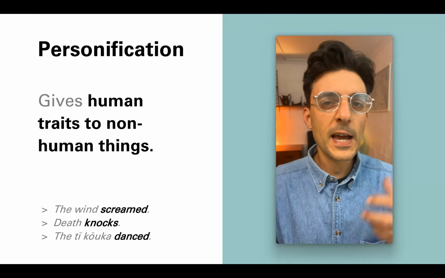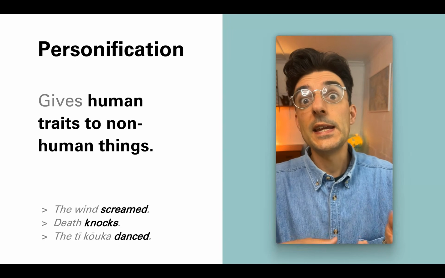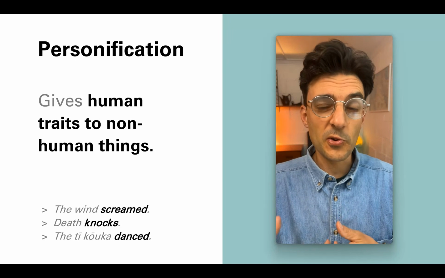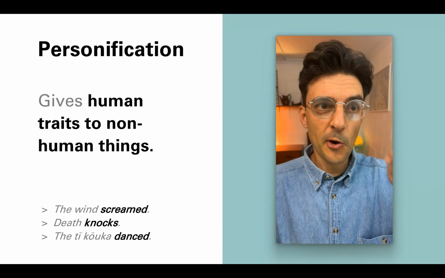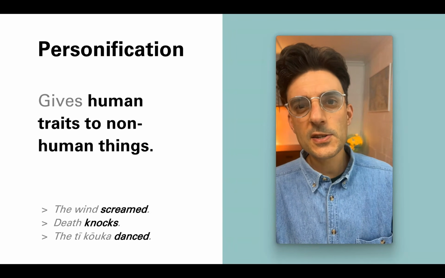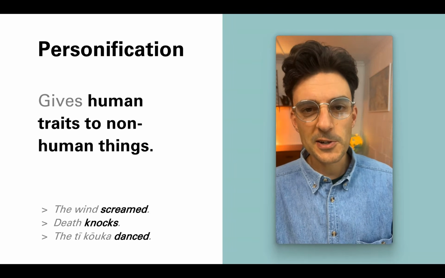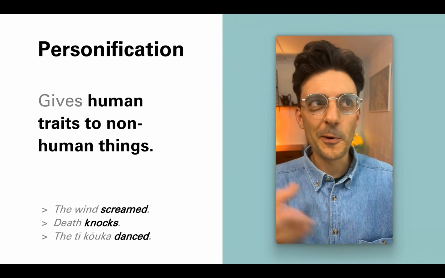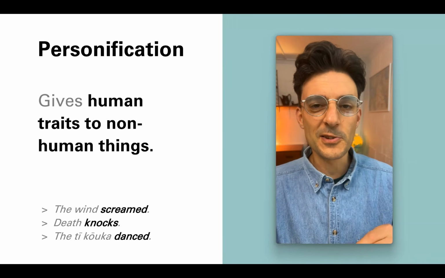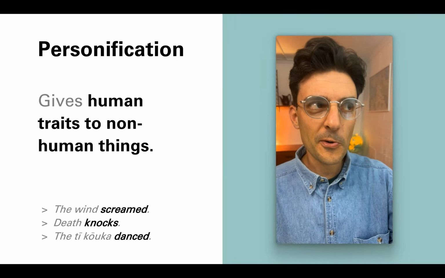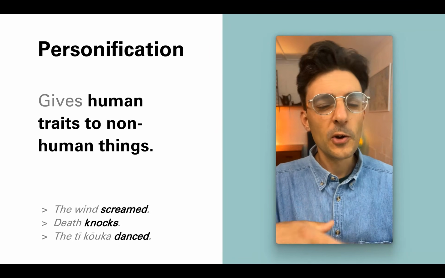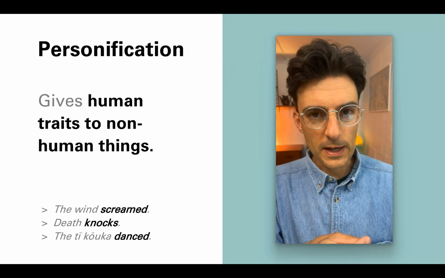So the personification of the wind is saying that it is screaming, or it screamed like a human would. Death knocks, okay? Knocking is something that human beings do. Death is an abstract concept. It's not a human thing, although we do kind of like characterize it as the Grim Reaper, but I digress. So the idea of death, which is a non-human thing, knocking, which is something a human does, is personification.